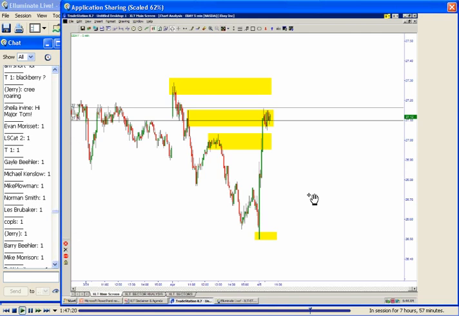Yeah, the buyers are in control. How do you know the buyers are in control? If this was a tug-of-war, you could say it's a stalemate right now, but who has the real advantage?